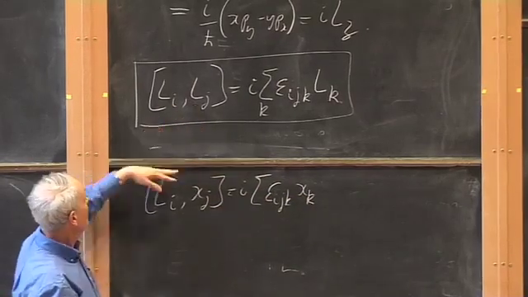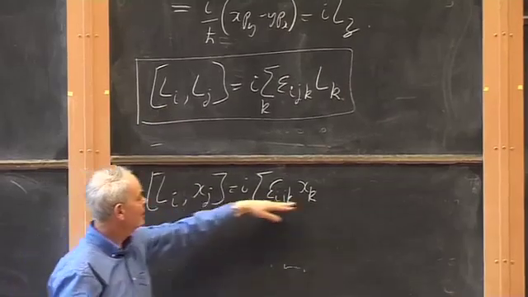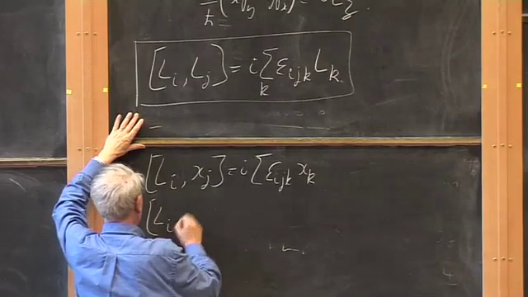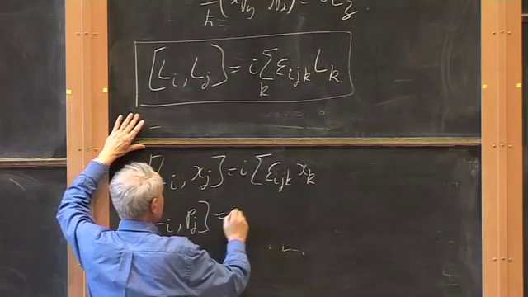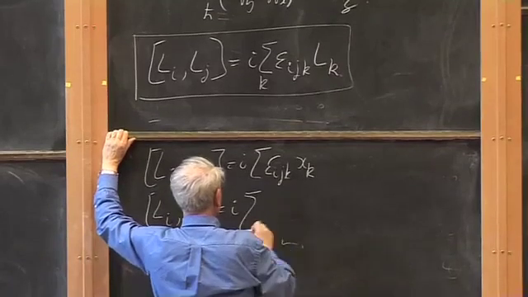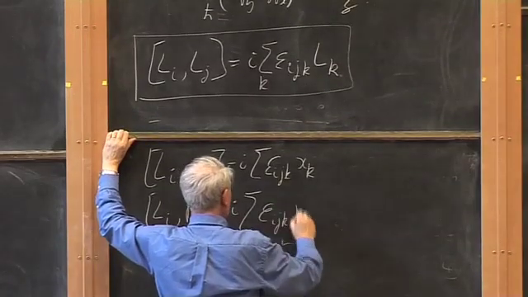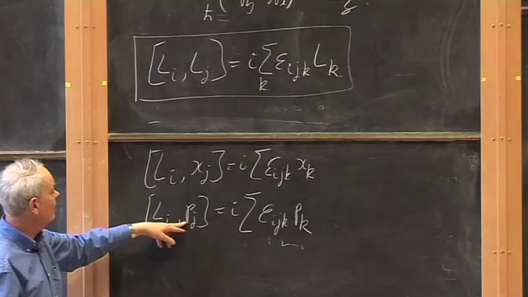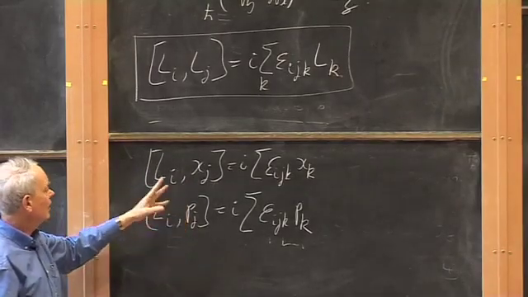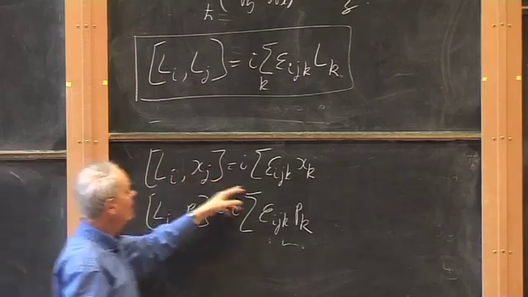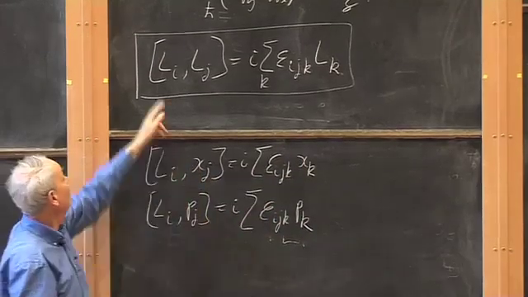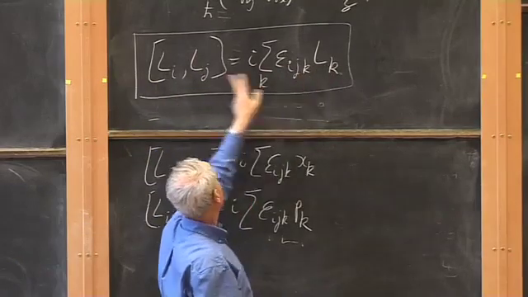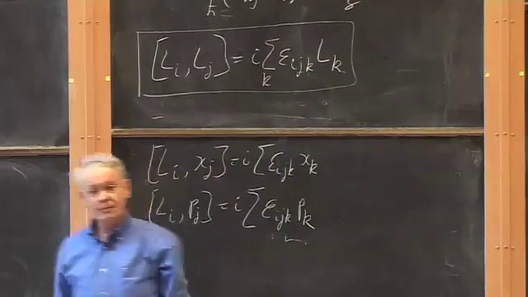We regard this as analogous to this relationship here, because we also had that [Li, Pj] is equal to i epsilon ijk pk. The point is that what goes in here for L to work on can be any vector, a component of any vector, and then you always get out i times the other component of the vector you put in here. So here also we get out i times the other component of the vector we put in here, which in this case was L itself.